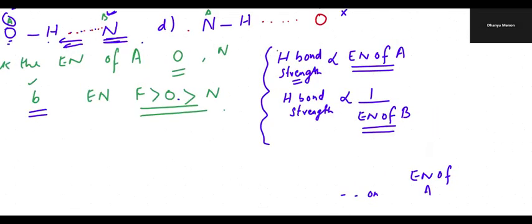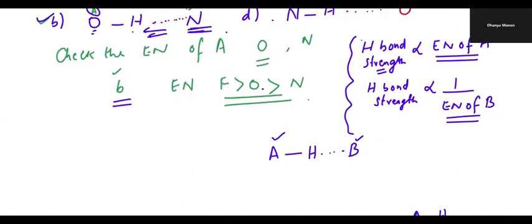What are the two conditions for a strong hydrogen bond? We have A, H, B. The electronegativity of A should be more, and the electronegativity of B should also be electronegative, but it should be lesser. These two conditions you must remember.